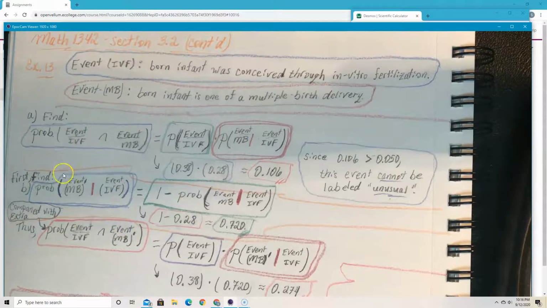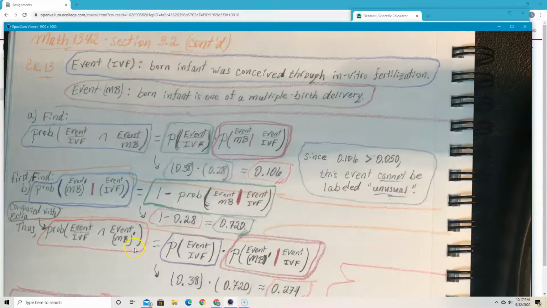This can be easily confused with this. Event IVF, event not multiple birth delivery. Not multiple birth delivery, event conceived through IVF. They sound almost the same.